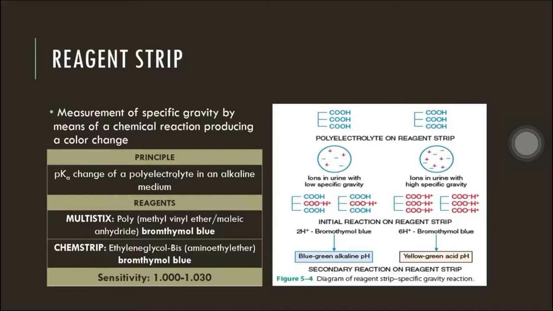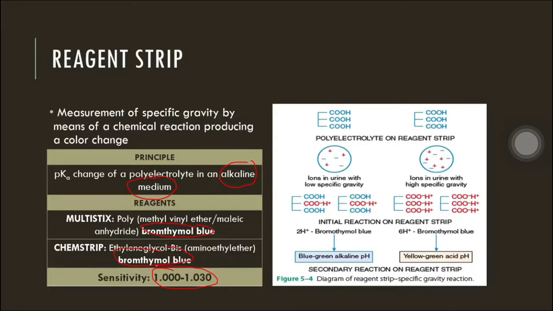Take note, the pad for specific gravity is an alkaline medium. The reagent, the polyelectrolyte, is actually an indicator, bromothymol blue. The reagent strip has a high threshold, detecting 1.000 to 1.030.